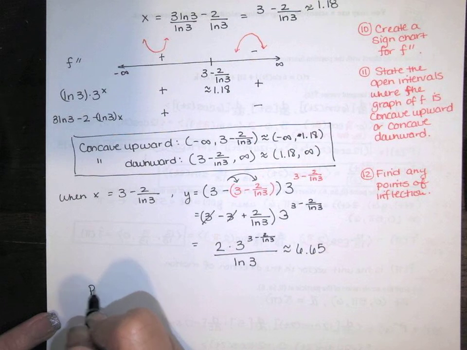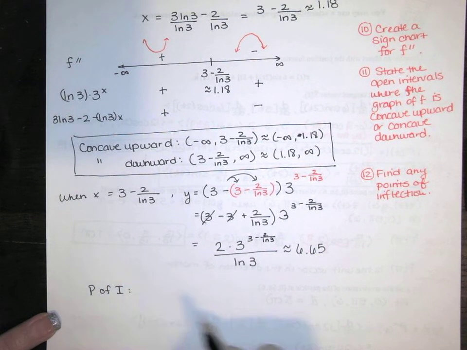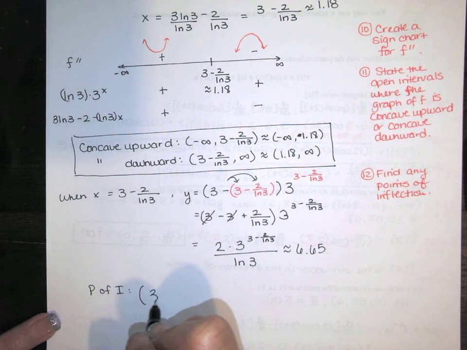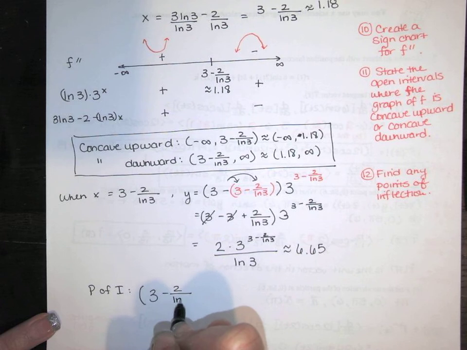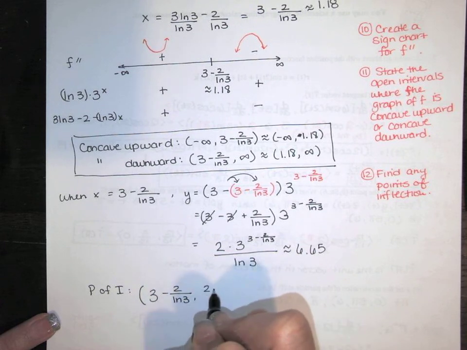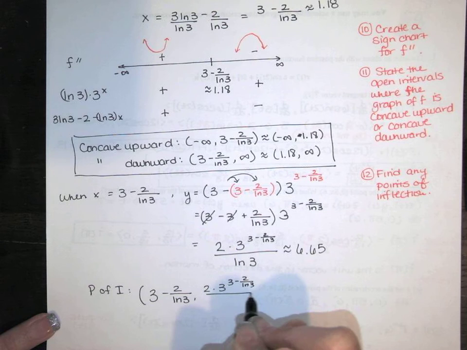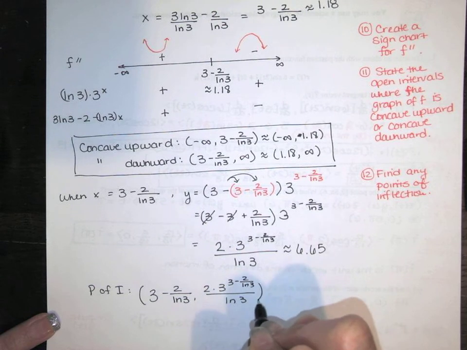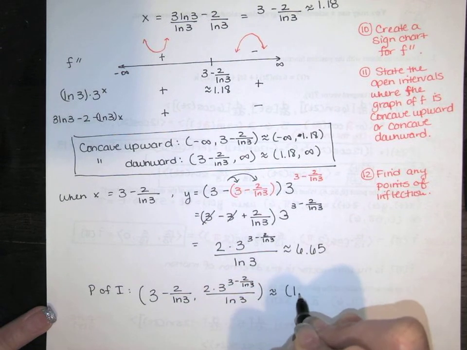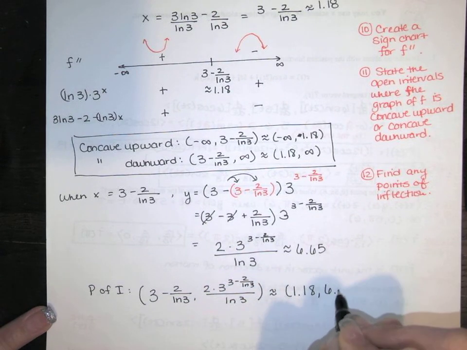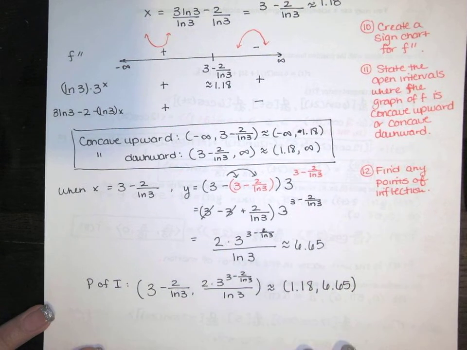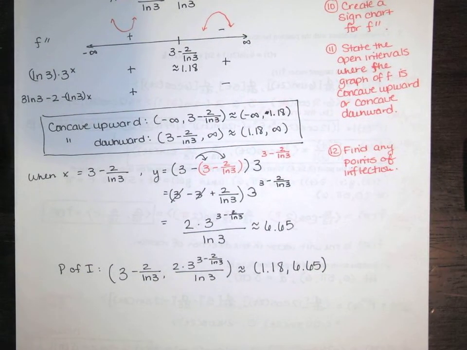So the point of inflection is this. xy equals 3 minus 2 over natural log of 3, and 2 times 3 raised to this power, which is approximately 1.18 and 6.65. Approximately there on the graph.